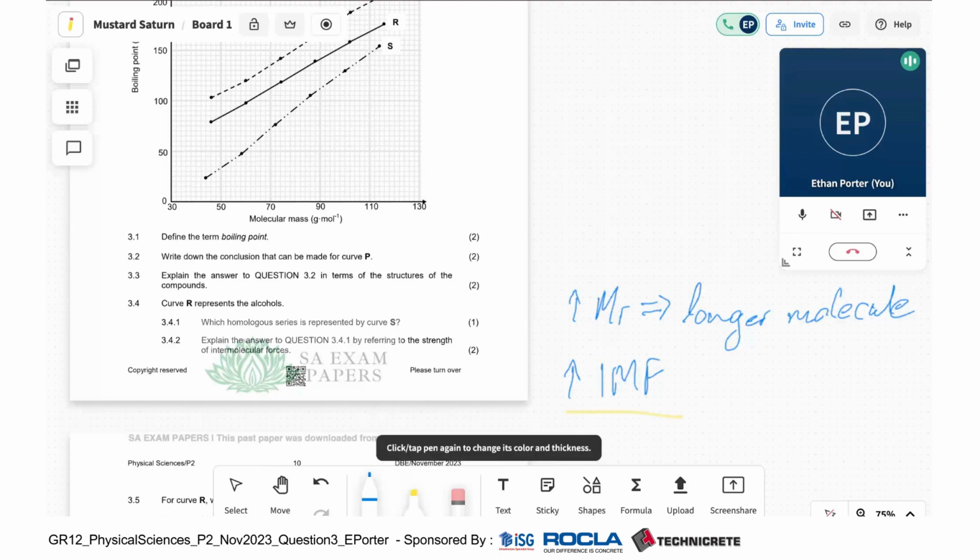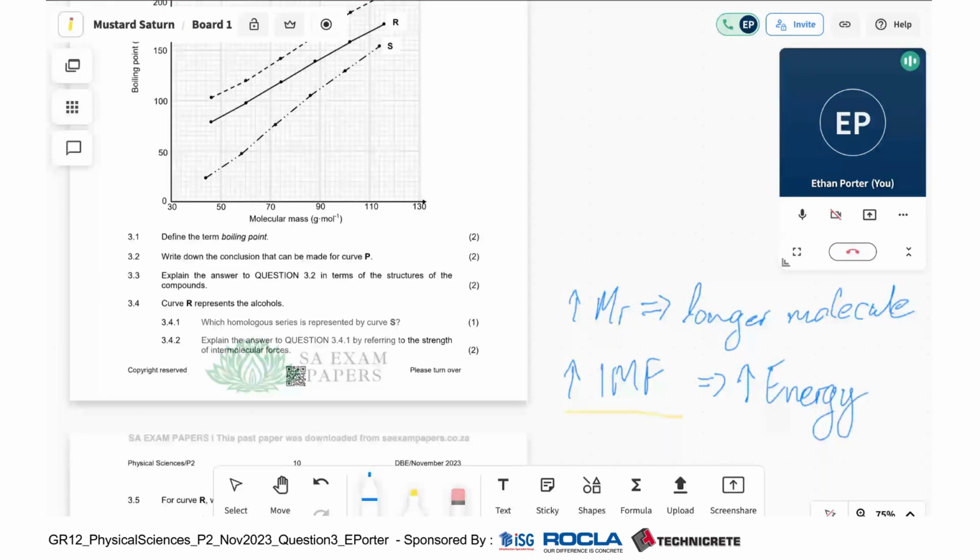Basically, if intermolecular forces are higher, it means you need more energy to break them. And if you need more energy, that has to happen at a higher temperature. So that's how you relate. So we can say this leads to increased temperature.